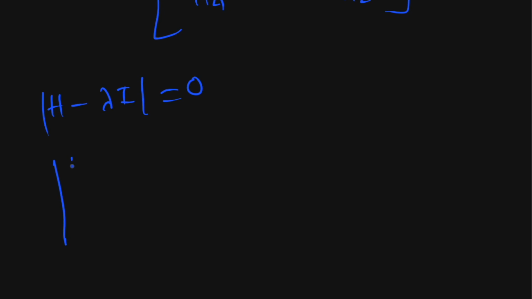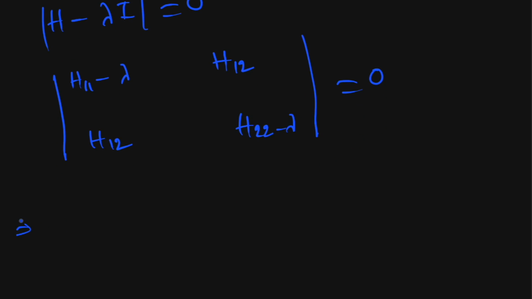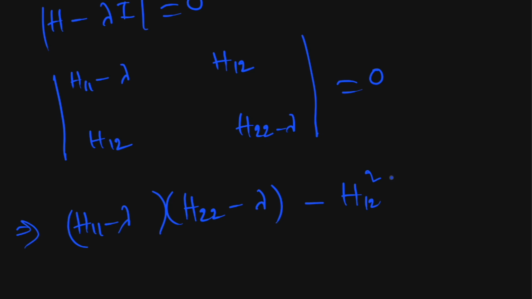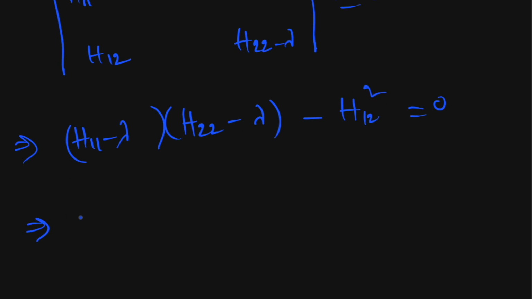That means (H11 − λ)(H22 − λ) minus H12 squared equals 0. That gives λ squared minus λ(H11 + H22) plus H11 H22 minus H12 squared equals 0.